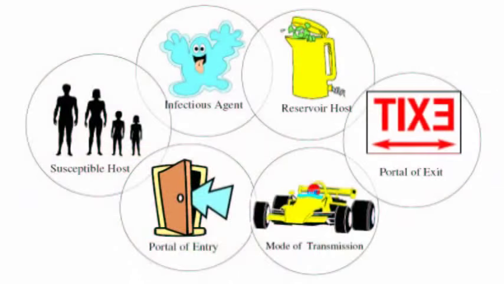So first we have the infectious agent, and that is basically just a germ that's capable of causing disease. So that could be a virus, it could be a bacteria, it could be a fungus or a parasite, any of those. The reservoir host, that is basically the area where the germ can survive, okay? So it doesn't necessarily multiply there, but it just lives there.